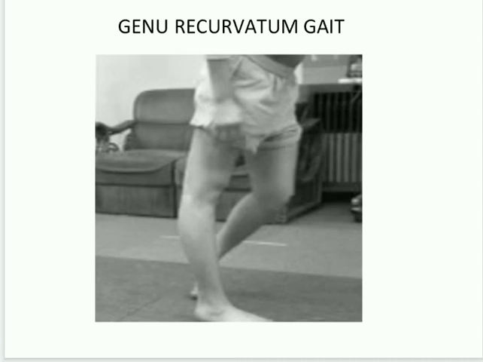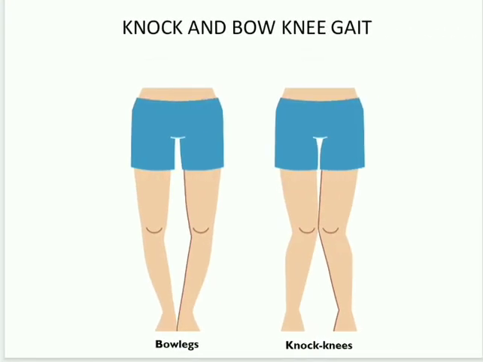Genu recurvatum gait. Next comes your knock knee and bow knee, which have been placed together. You can see in knock knee, your knees are close together and your ankles are apart. This is your knock knee. You can also check on normal standing whether you are touching your knees or ankles.